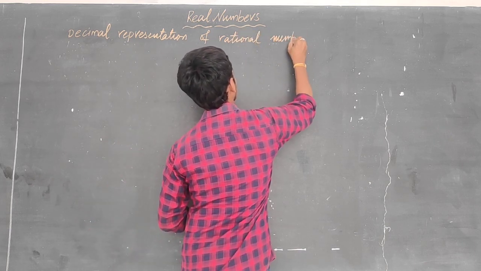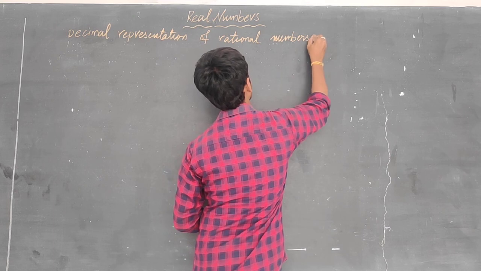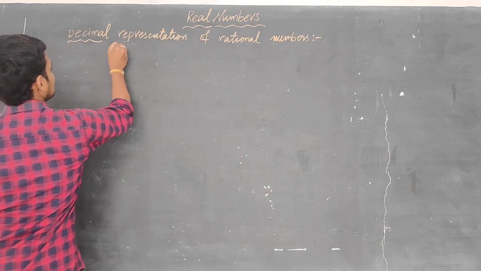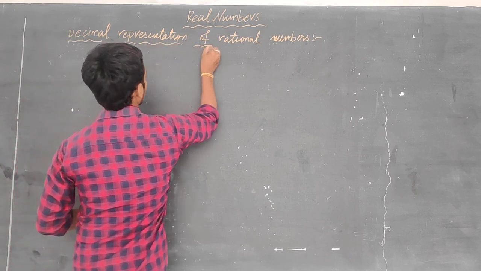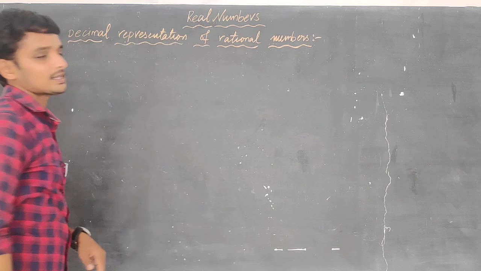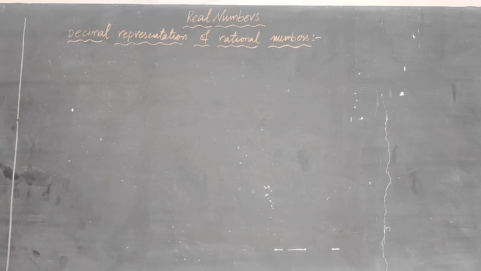Already we have discussed and we have learnt this topic in 8th class. In 8th class, have you? We have discussed this topic, that is decimal representation of rational numbers.